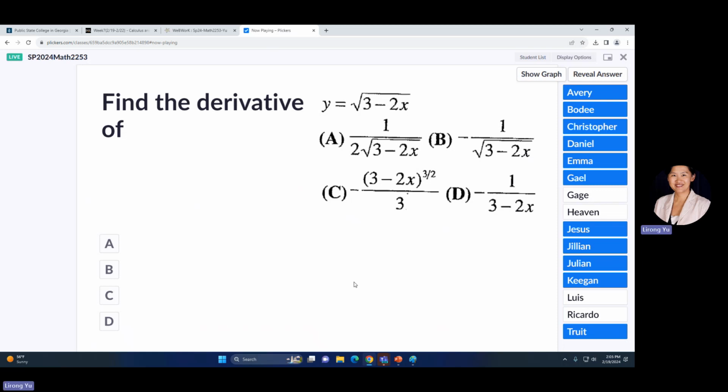Let me see if everybody can see. Yeah, I got all 11 correct. That's everybody. Yes, so the answer is B. It's kind of surprising.